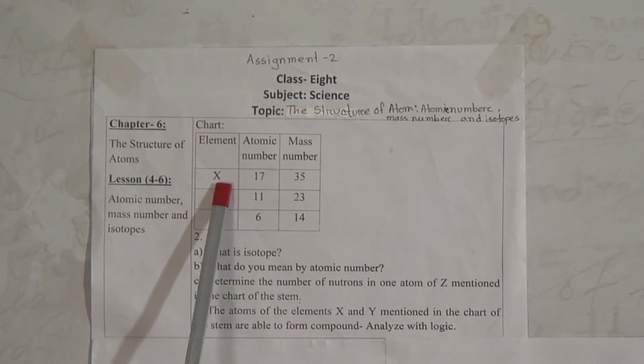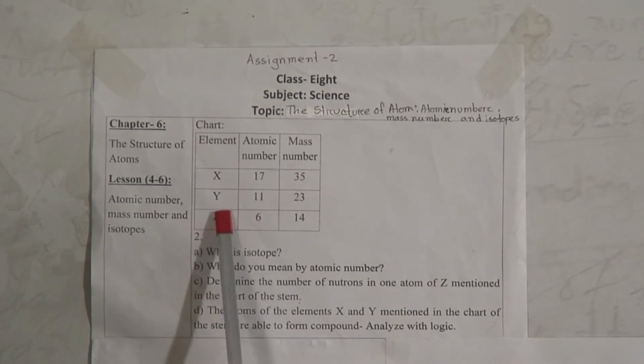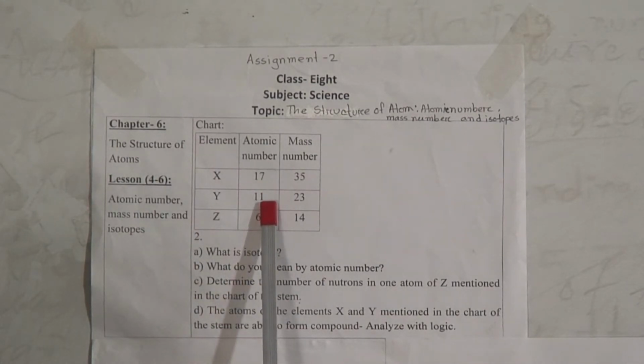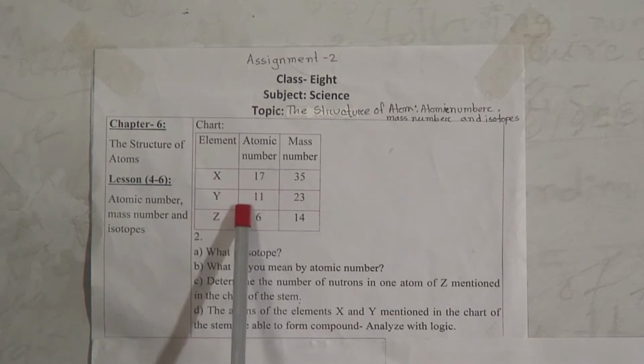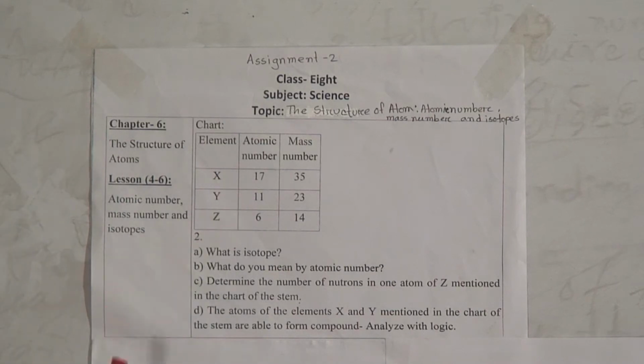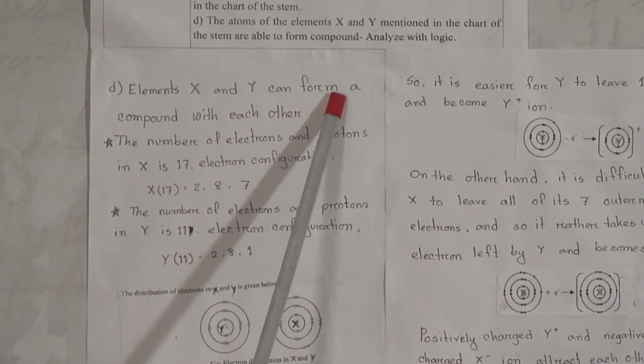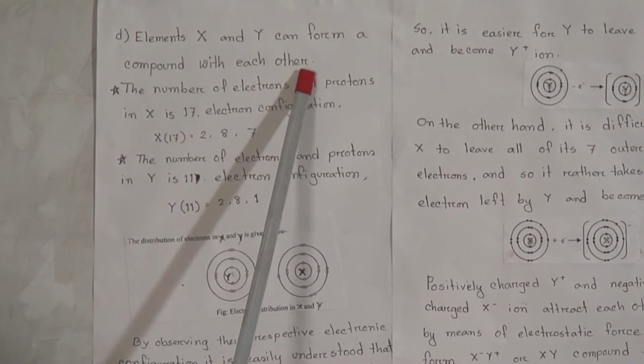First, element X has atomic number 17 and element Y has atomic number 11. By seeing the atomic number, we can recognize that one is sodium and the other is chlorine. Now come to the answer of D. Elements X and Y can form a compound with each other.